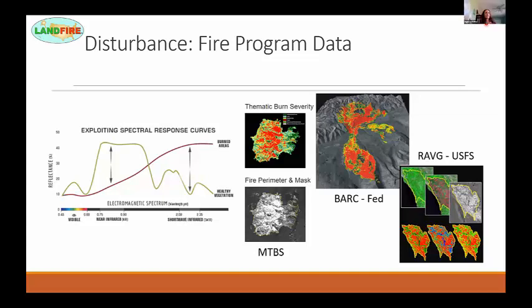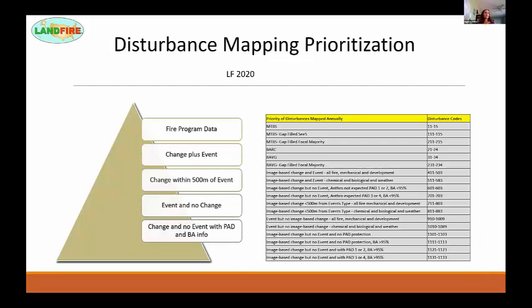So that comes into our prioritization, right? If we know there's an event submitted there and we also detect change spectrally, then that has a really high priority in our mapping. If we have an event but no change, then that's a little bit lower down. If we have change but no event, then you're getting towards the bottom of the pyramid.